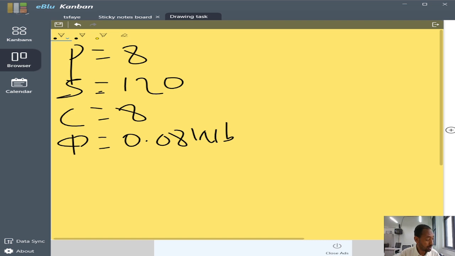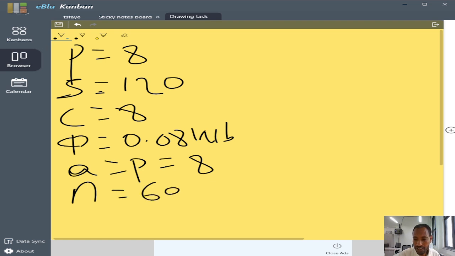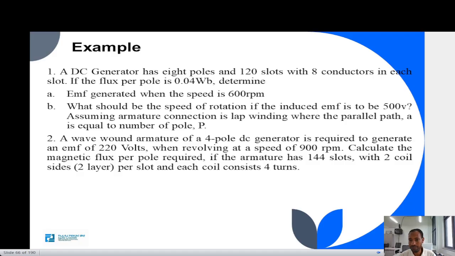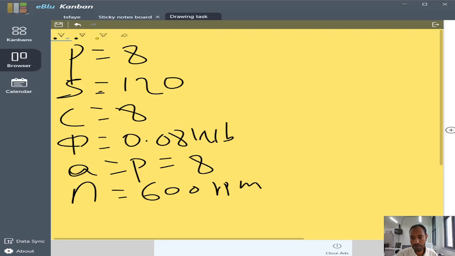We already said that it is a lap winding. In lap winding, A is always equal to P, so 8. And the conductor is supposed to rotate at 600 RPM. What is requested is the EMF, the generated voltage.